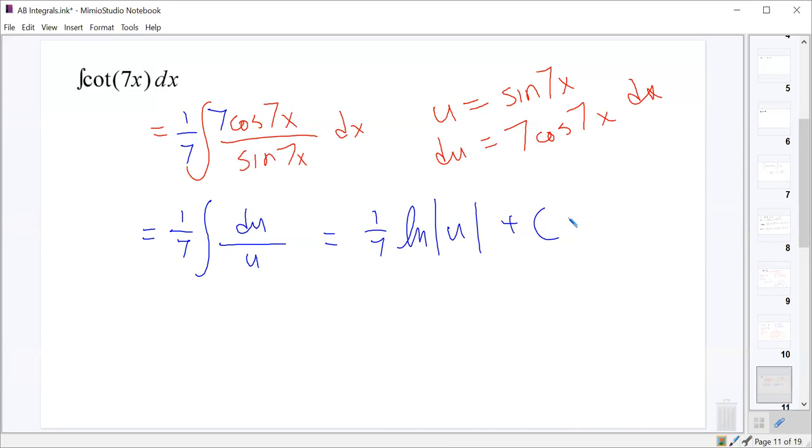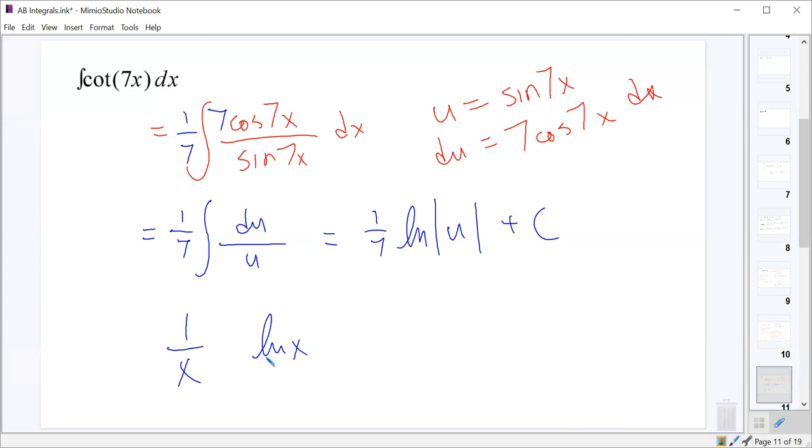And that's on your formula sheet, but you should know what's the derivative of natural log of x? It's 1 over x, right? So the integral of 1 over x ought to be natural log of x. And the only reason we put an absolute value around it is because 1 over x is defined for all real numbers except x equals 0, whereas natural log of x is only defined for positive numbers.